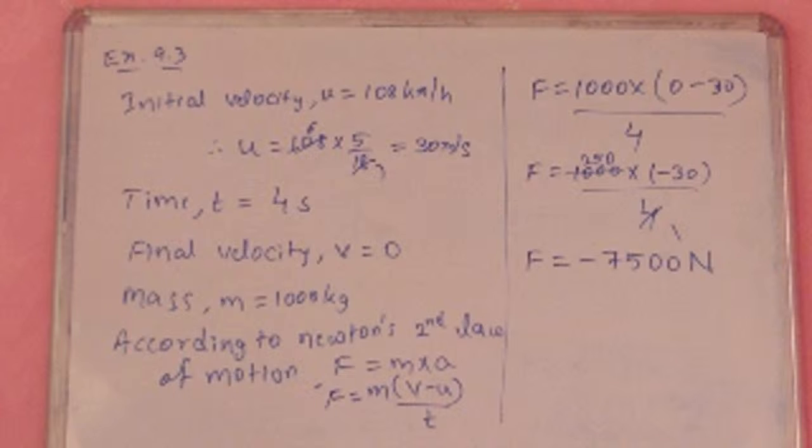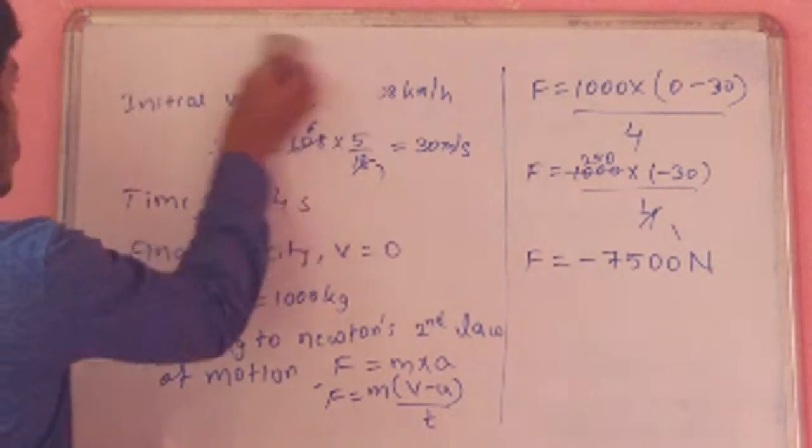According to Newton's second law of motion, F equals to ma, and here the value of a is V minus U divided by T. That's why the expression for force becomes F equals to m into V minus U divided by T. By substituting the values, we get the answer as F equals to minus 7500 Newton. Okay, then the next problem.